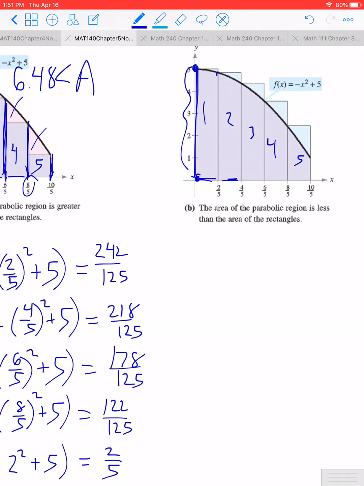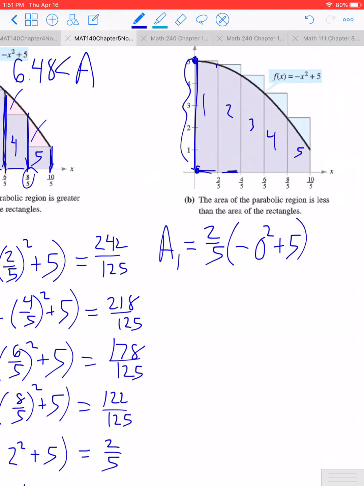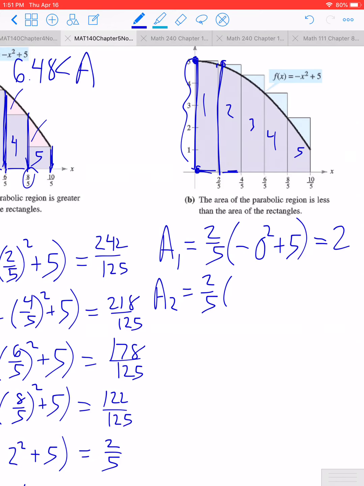So, for example, if I find the area of rectangle 1, this would be 2/5 times, I would plug 0 into the function, plus 5. This is one I can probably do in my head. This should be equal to 2. If we look at the area of rectangle 2, it's right here.